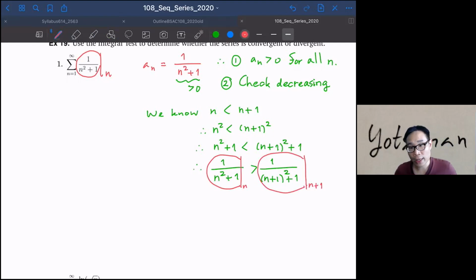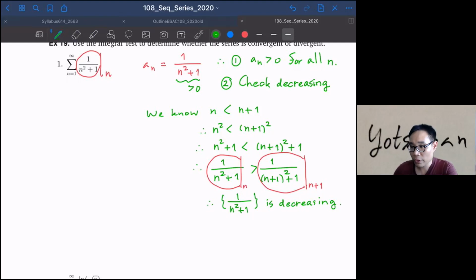Okay, so you see that you have decreasing. So you already checked two things: the sequence an turned out to be decreasing, and it's positive.